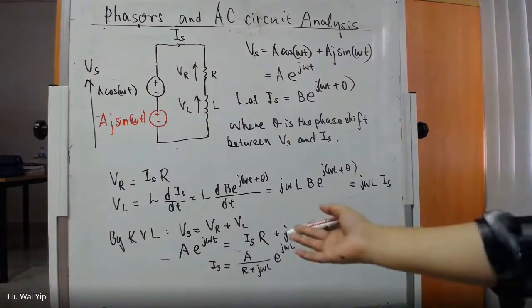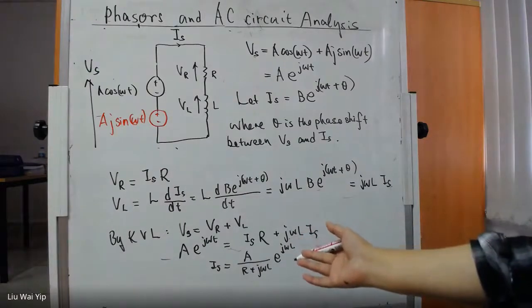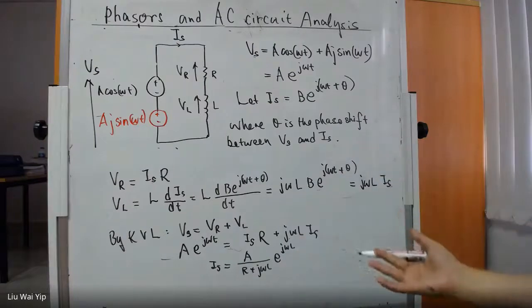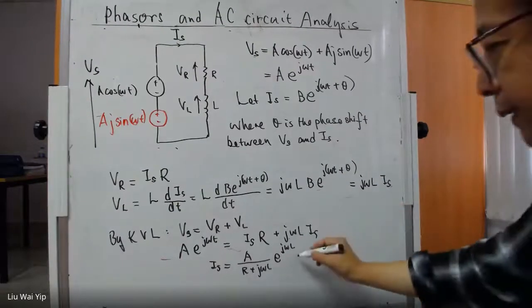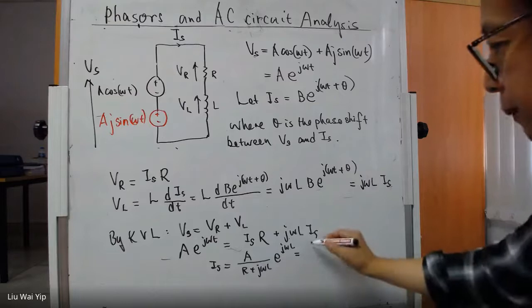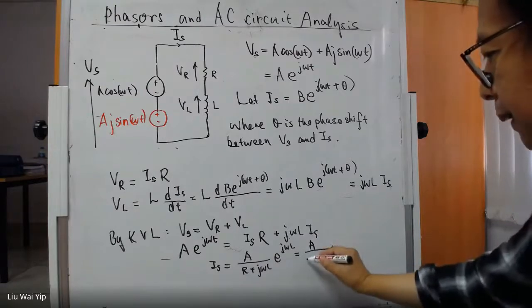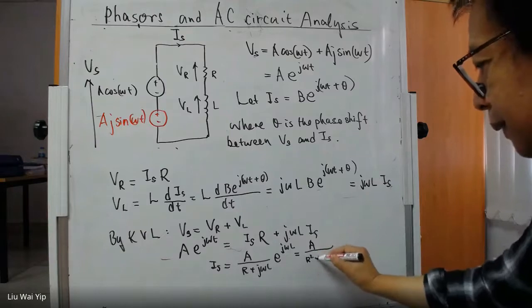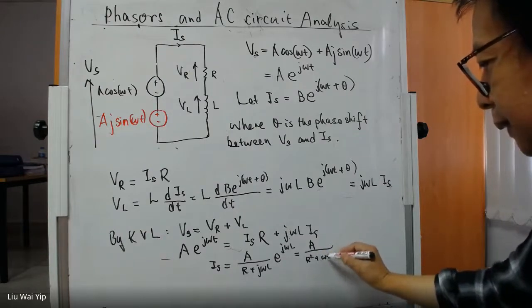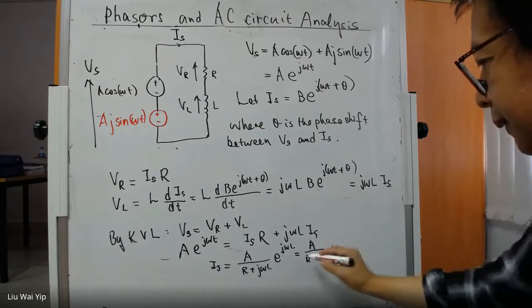This is the expression for Is. And if you further simplify it, then it's going to be A over the square root of R squared plus omega L squared.